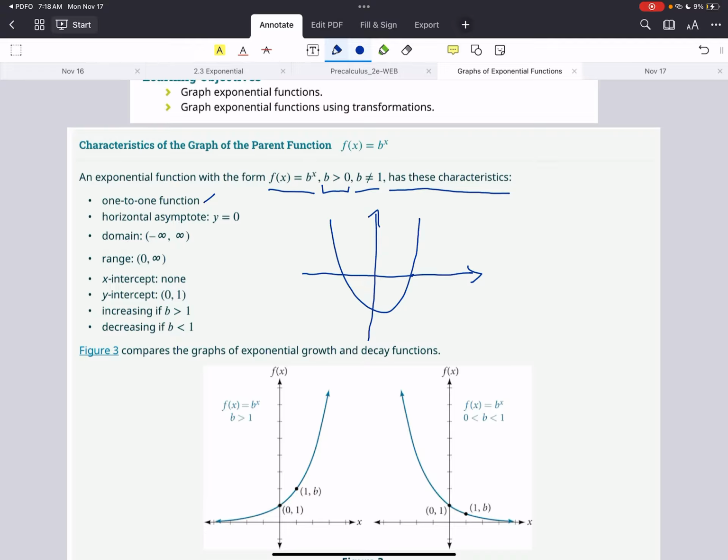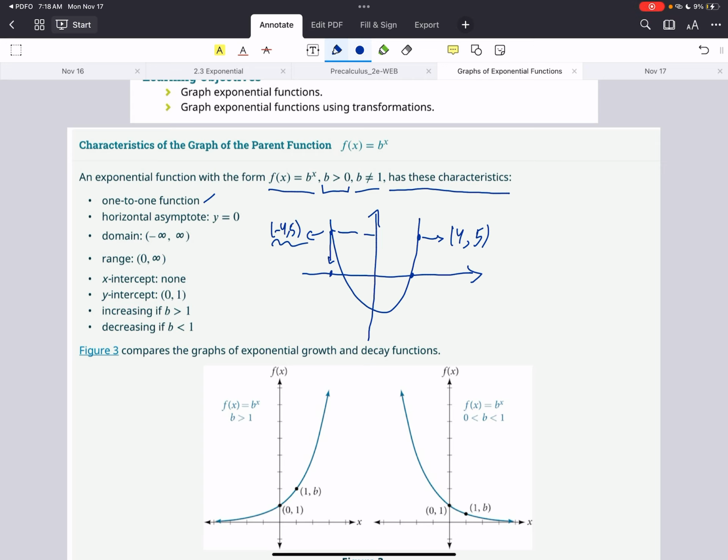Let's take this point so it's a bit more clear. Let's say this is (4, 5). In this case, this point would be (-4, 5), right?